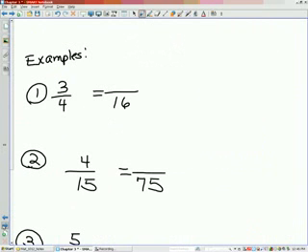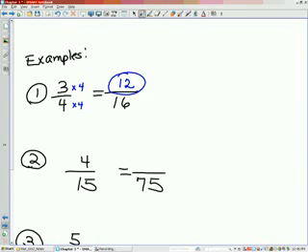Now let's practice a little bit. 4 goes into 16 4 times. If we multiply the bottom, we must also multiply the top. What you're actually doing is multiplying by 1, which doesn't change the value. Now, 3 times 4 is 12, and of course 4 times 4 is 16.